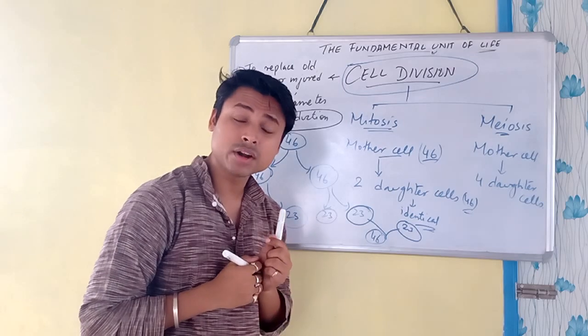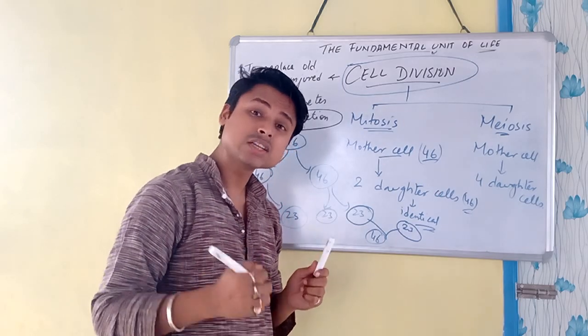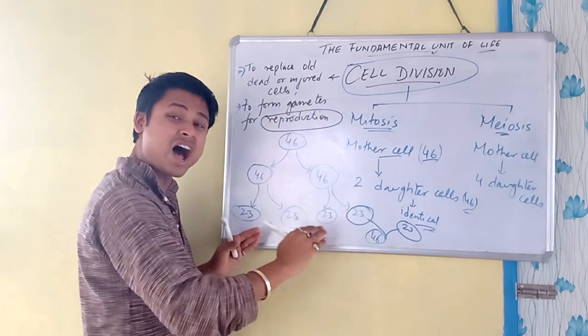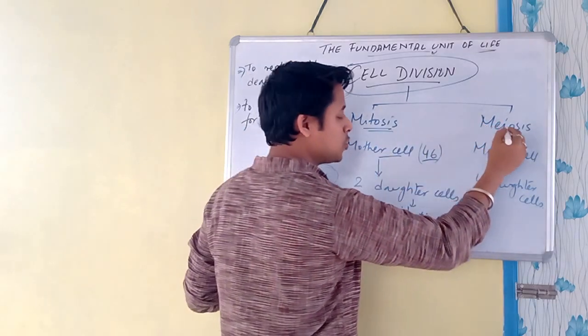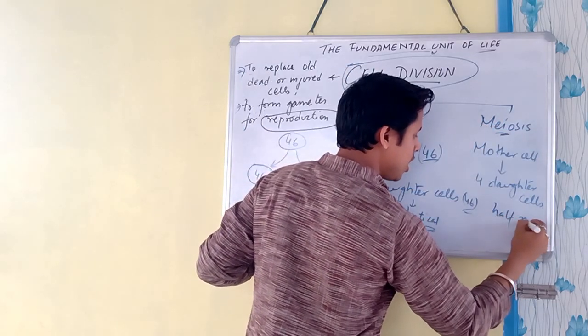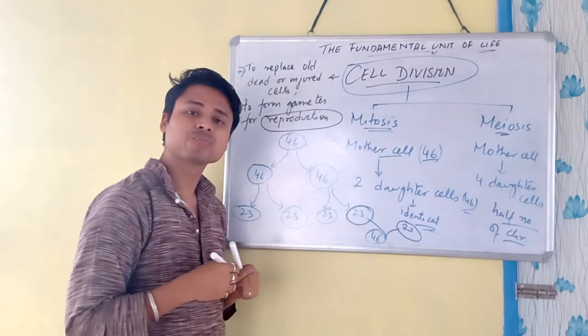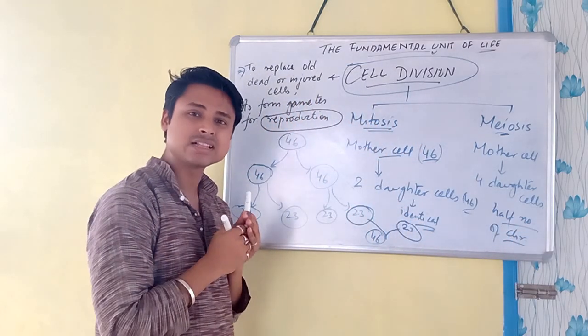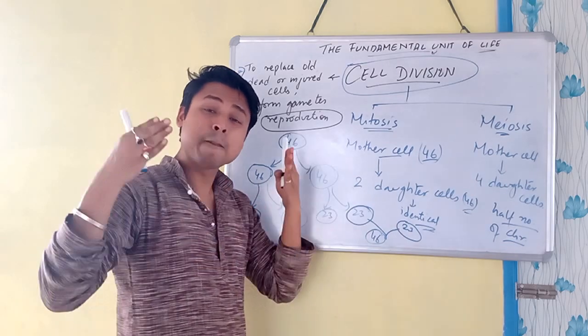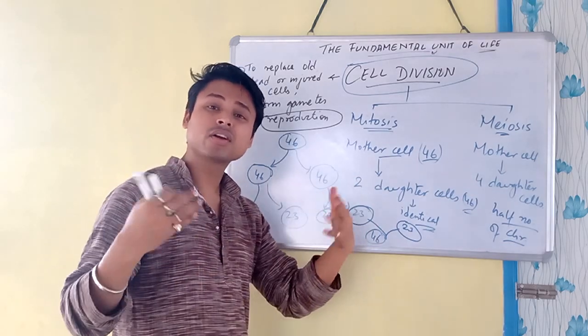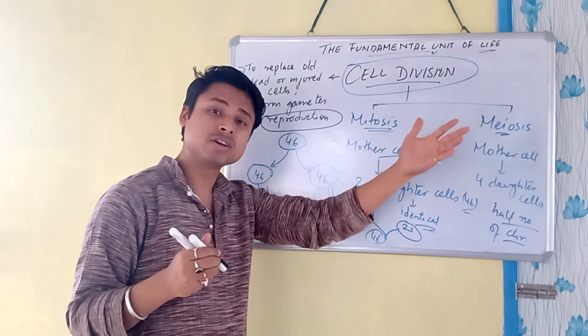Which is not normal in the body in the case of human. That's why it gets half of the chromosomes. So in meiosis, only half the number of chromosomes is left in the final 4 daughter cells, to make balance in the living organisms when it gets transferred, right?